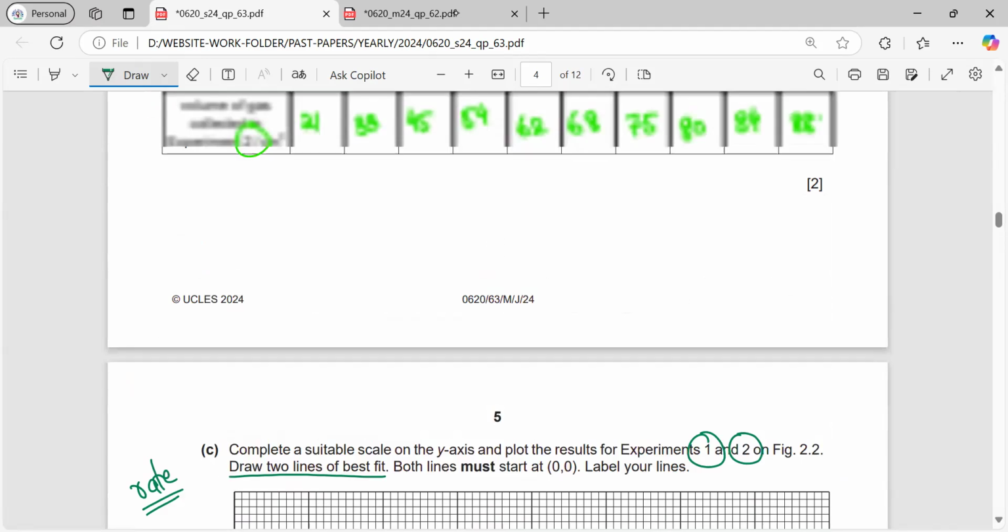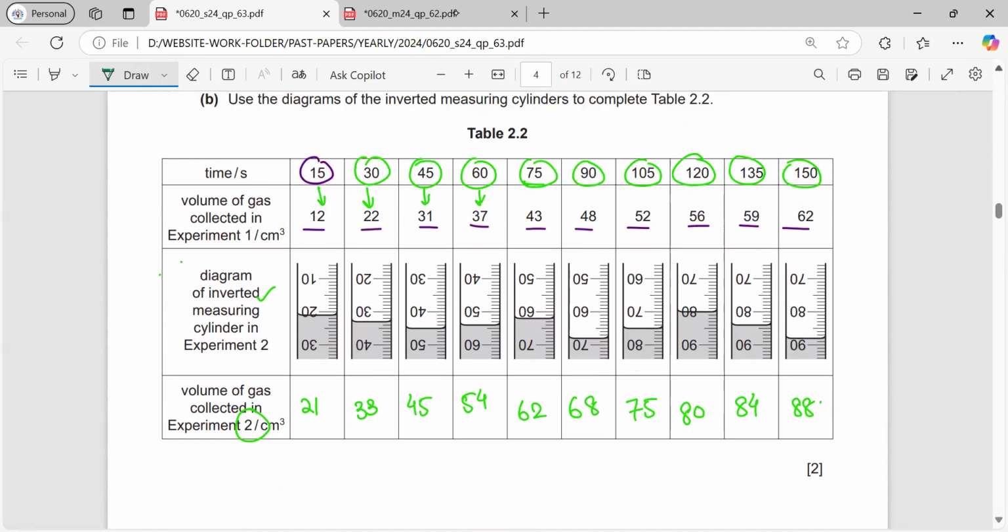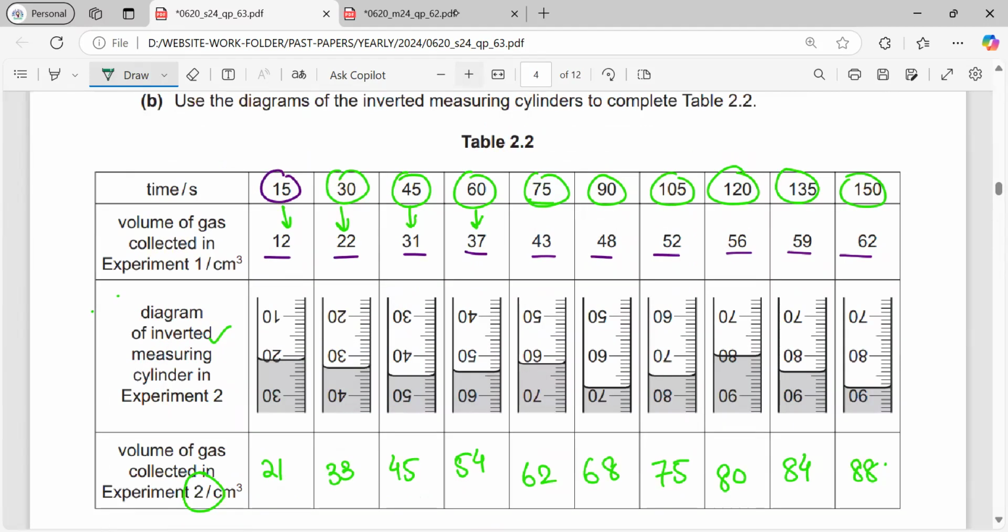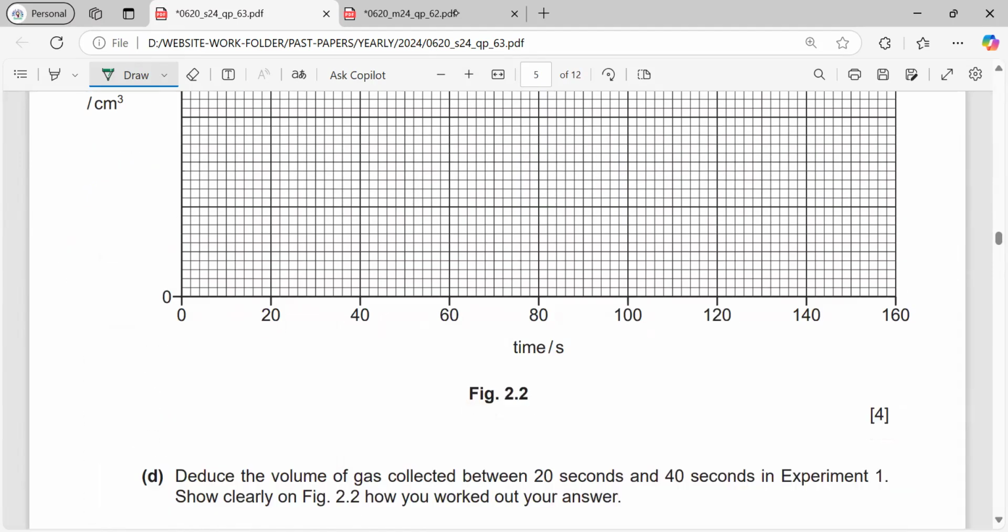So for the time taken, first of all, we mark for the time taken. It's 15, and after every 15 seconds, it's still 150. So we'll first mark it over here. Here we got 15. Here we get 30. Then we have 45. Then we have 60. Then 75.